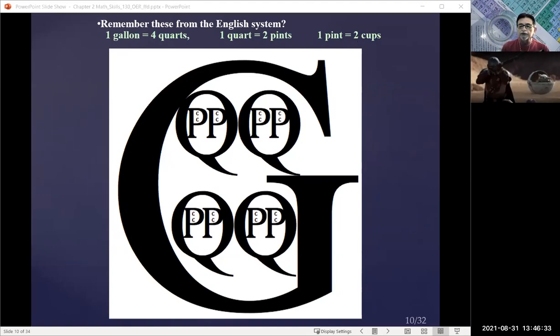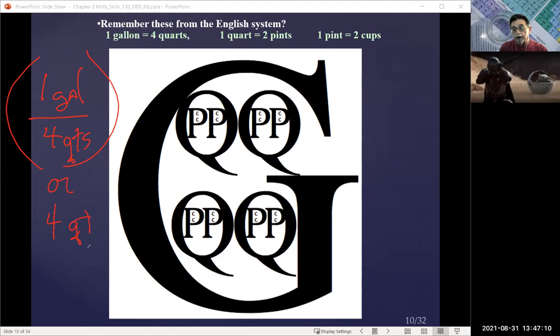Now, a thing to remember about these conversion factors: every one of them is a ratio. Remember I mentioned ratios, like miles per hour, dollars per hour, and every ratio can be written in 1 of 2 ways. For example, for 1 gallon, we can write 1 gallon in the numerator and 4 quarts in the denominator, or I can write 4 quarts in the numerator and 1 gallon in the denominator.